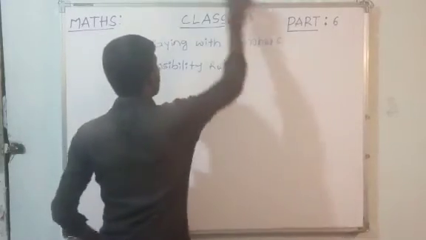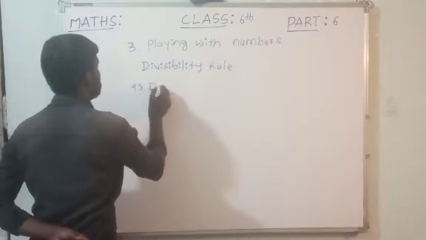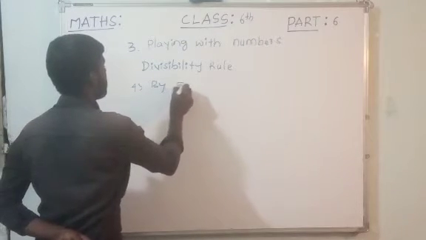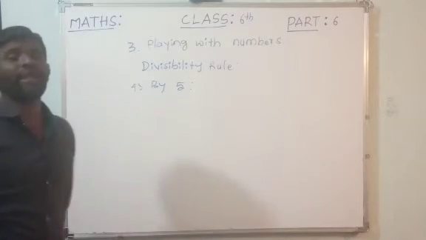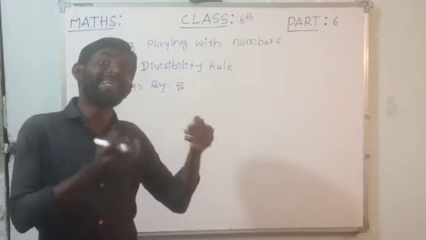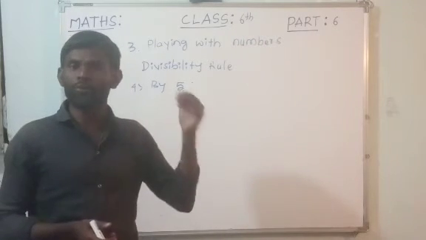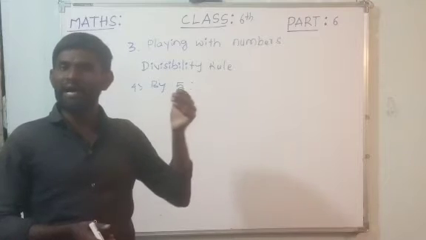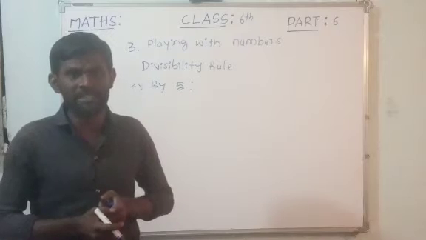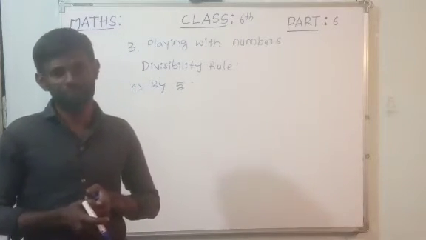The fourth rule, divisibility by 5: if any number ends with 0 or 5 in its unit place, then that number will be divisible by 5. Otherwise, that number cannot be divisible by 5.